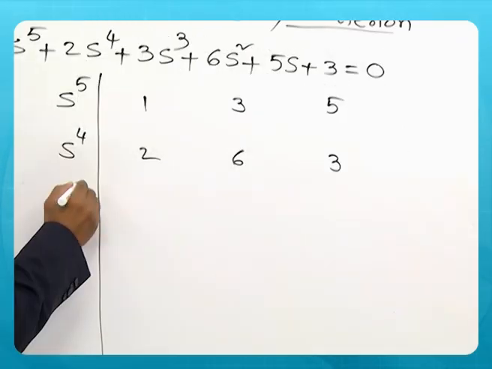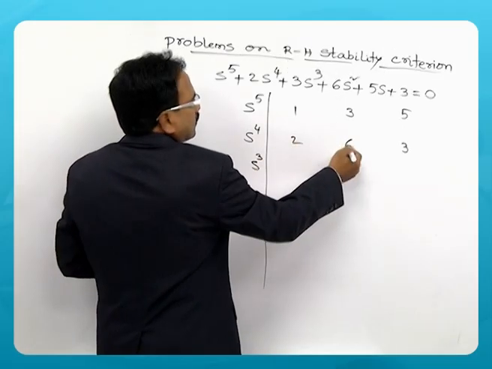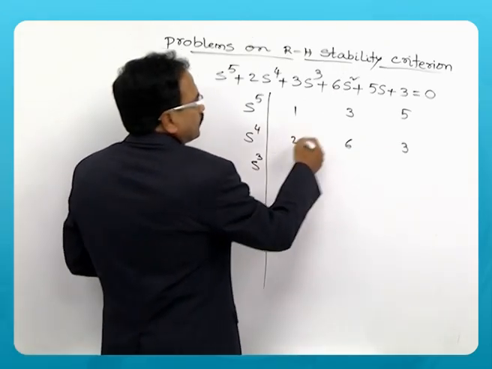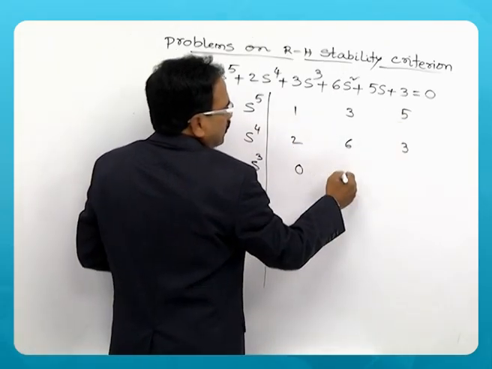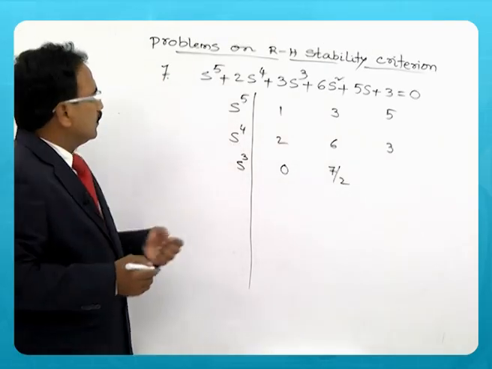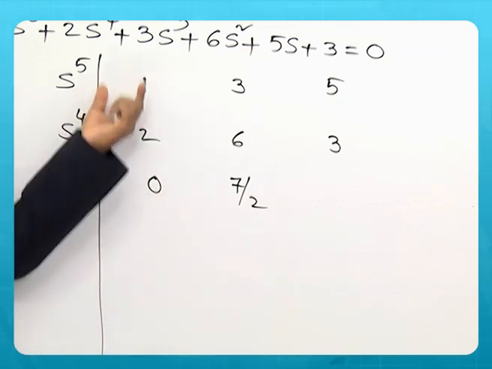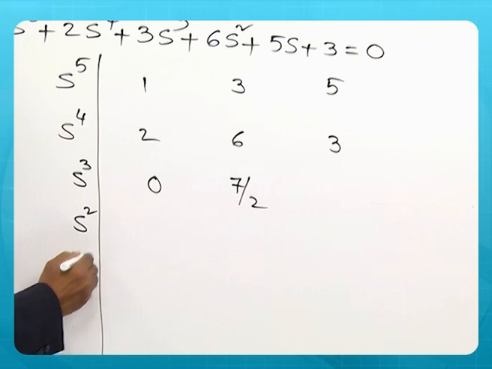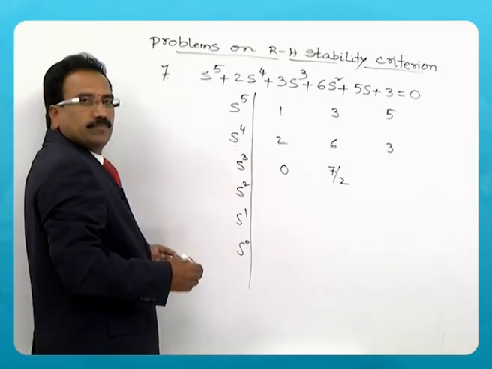Then the s power 3 row: 6 minus 6, so you get 0. Then 10 minus 3 is 7 by 2, you get here the second component. So there is one element 0 in the first column. You cannot proceed further to complete the table anymore.